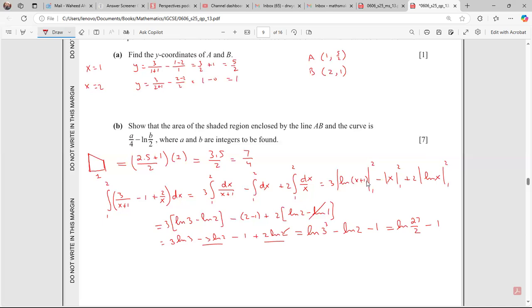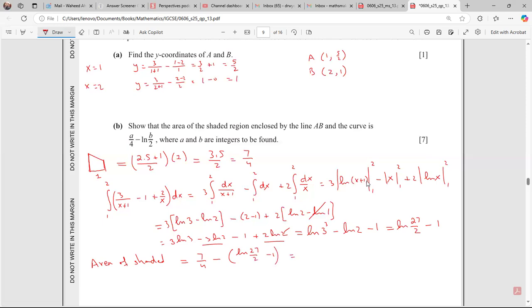Now the area of the shaded region is going to be the area of the trapezoid, which is 7 by 4, minus this area, which is log of 27 by 2 minus 1.